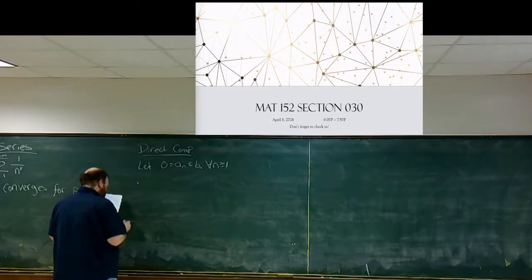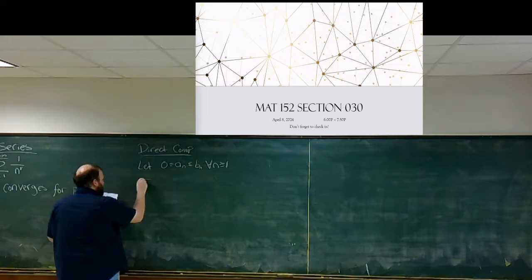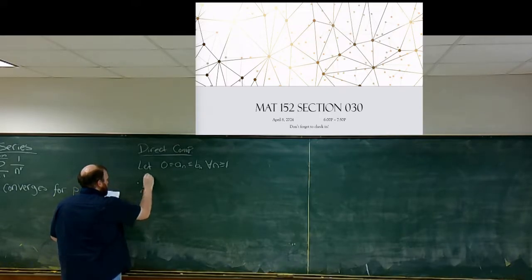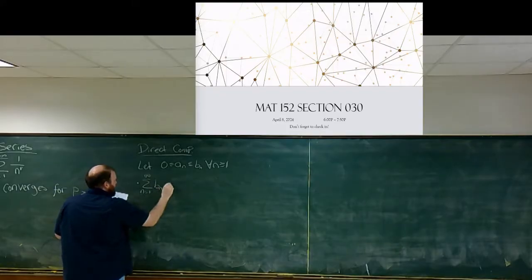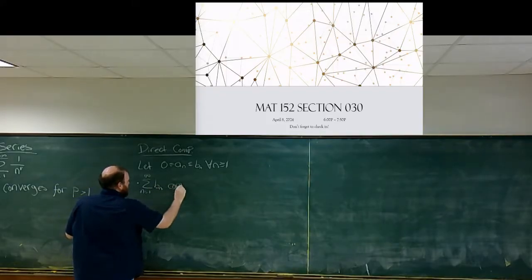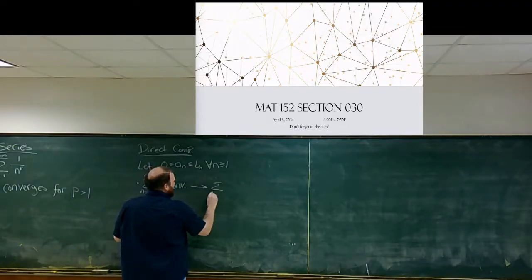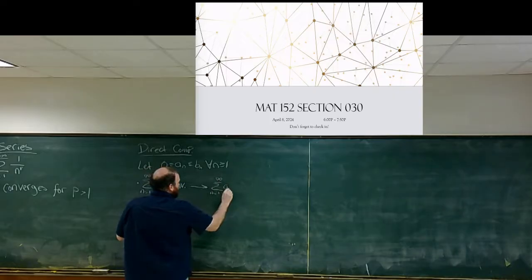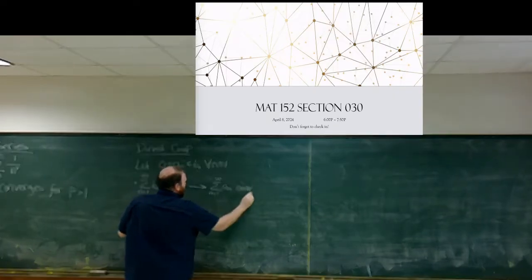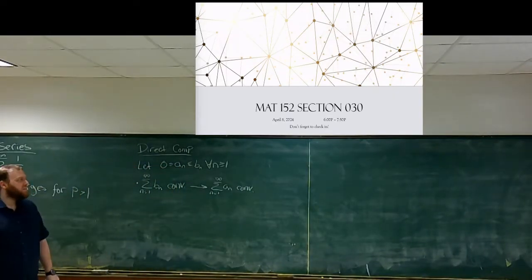What it says: if b sub n converges, then so does a sub n.